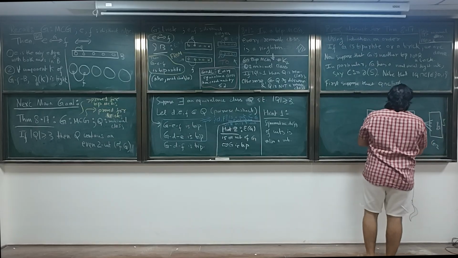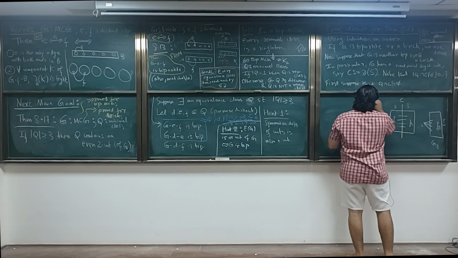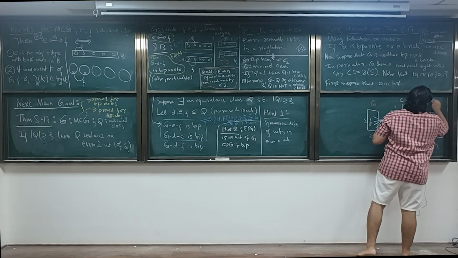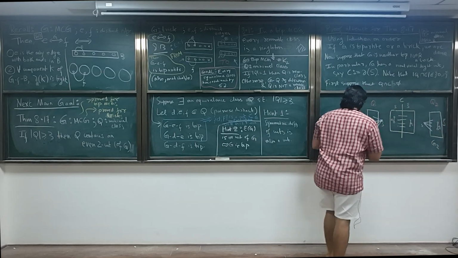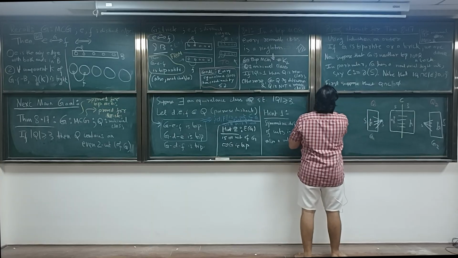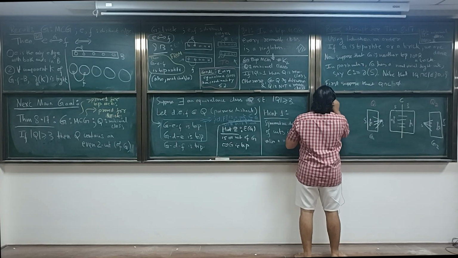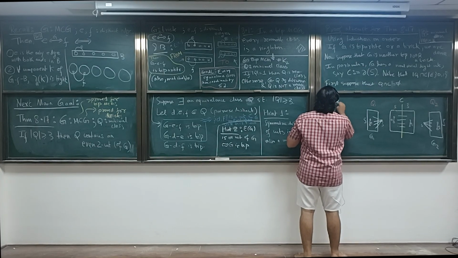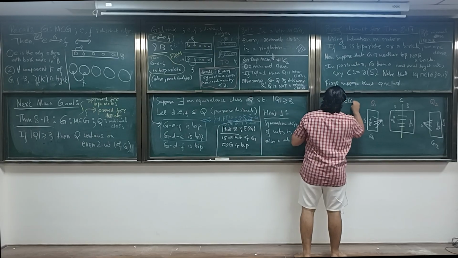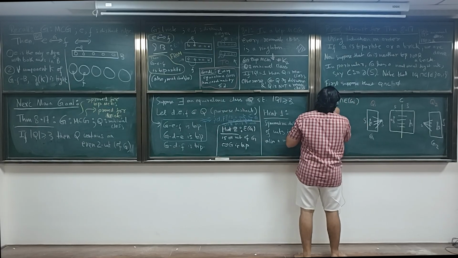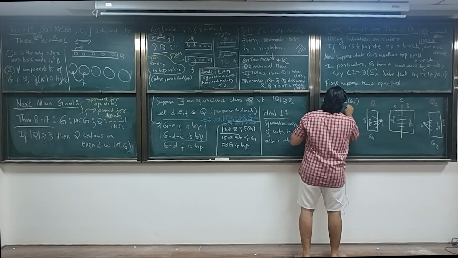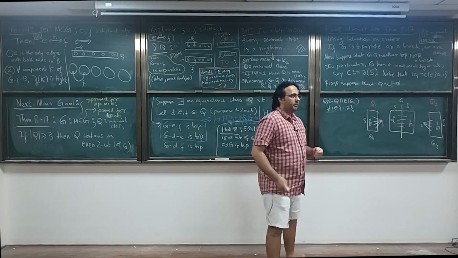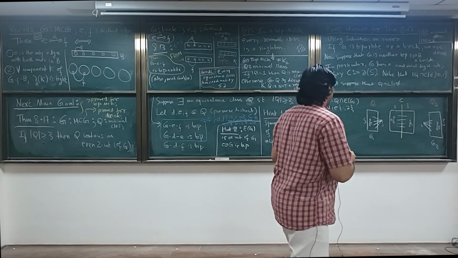In general, we will use Q1 and Q2 for the restrictions. Qi is Q intersection the edge set of Gi. What can we say about the Qi's?